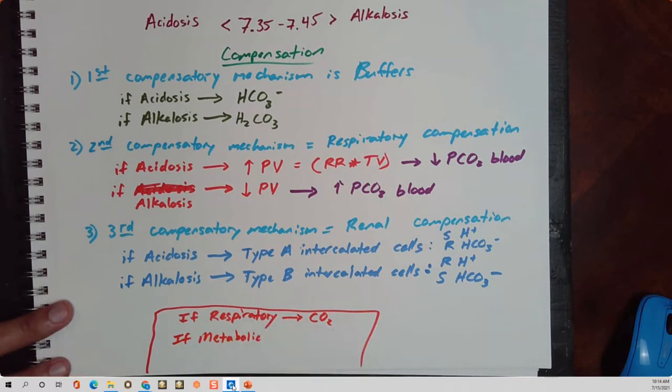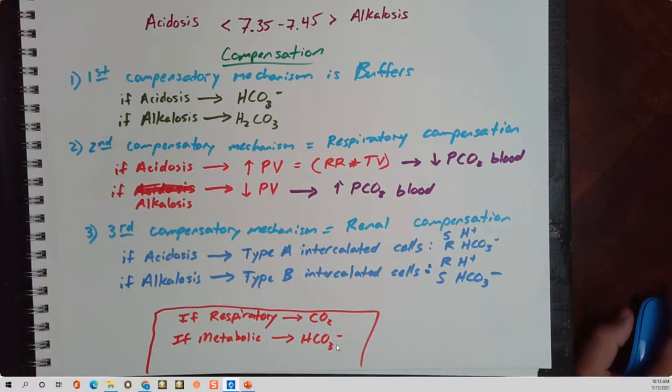It includes everything that's going on. Well, now we're going to be looking at bicarbs. This will make more sense. Write this down, and then we're going to actually do some examples. If we have a respiratory problem, it's going to be an imbalance in the amount of CO2 in the system. If we have a metabolic problem, it's going to be an imbalance of the amount of bicarbs in the system.